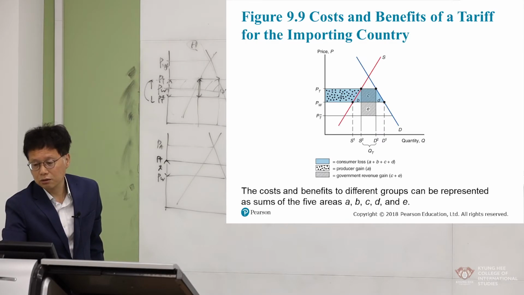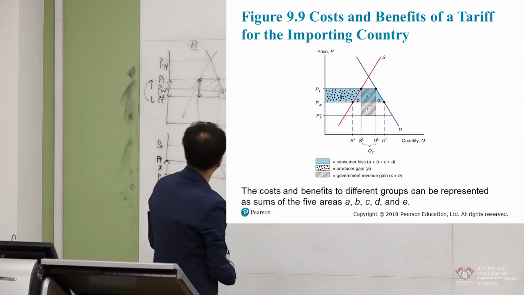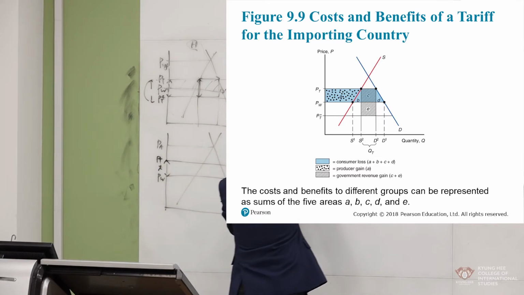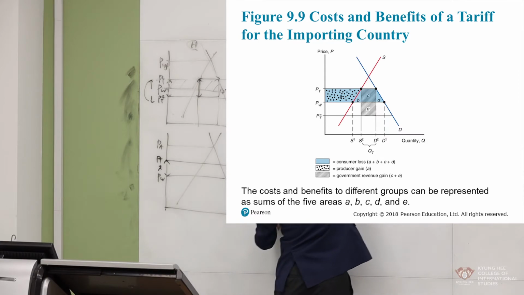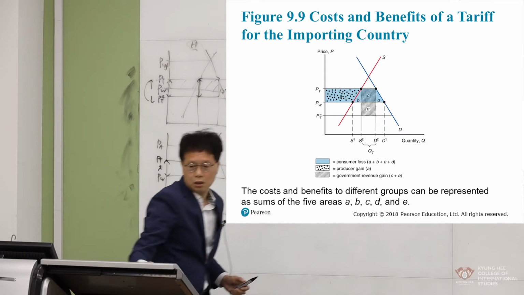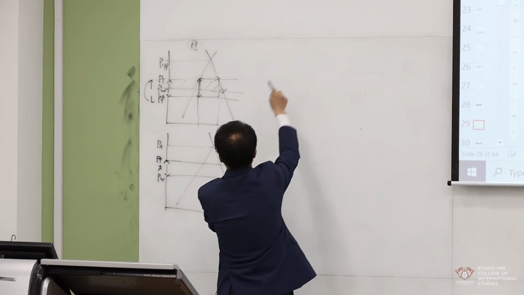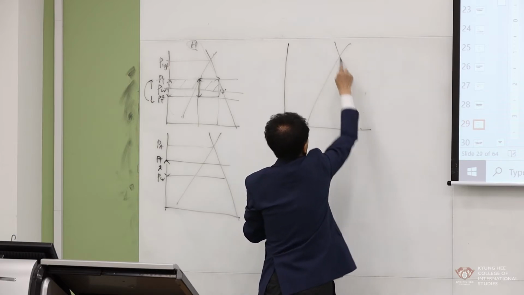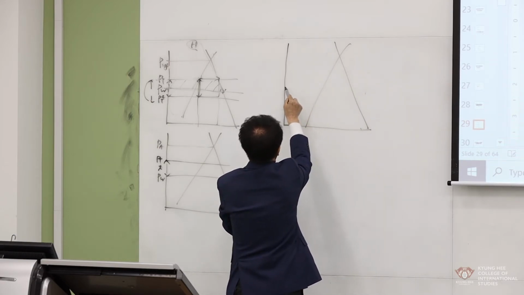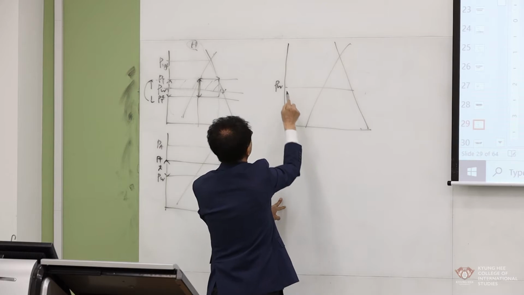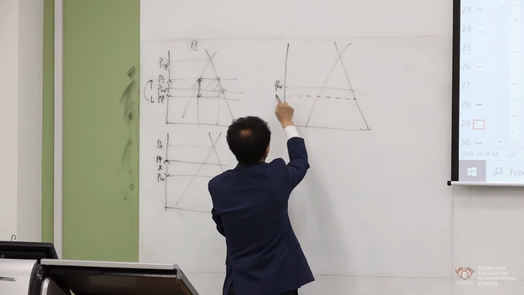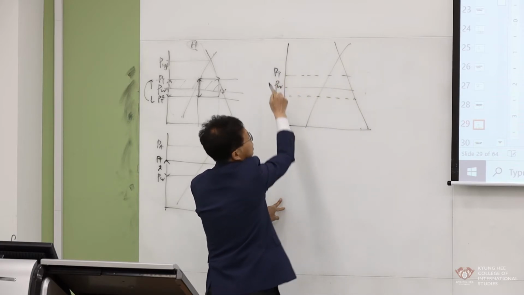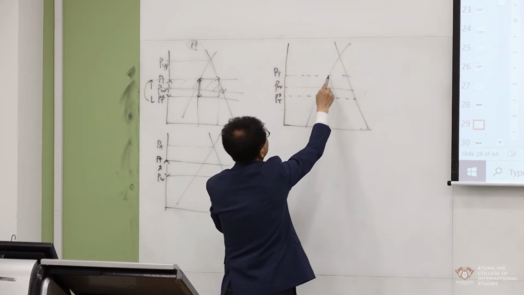Okay, so I'd like to explain using this graph. I'd like to graph this one again: PW, PT star, PT.